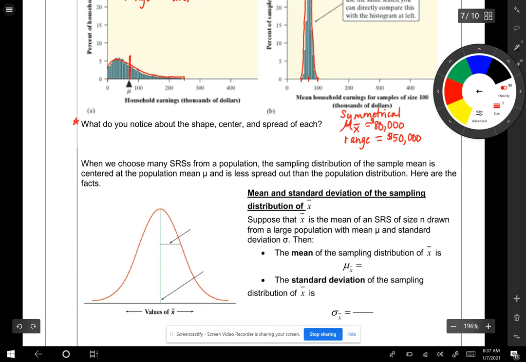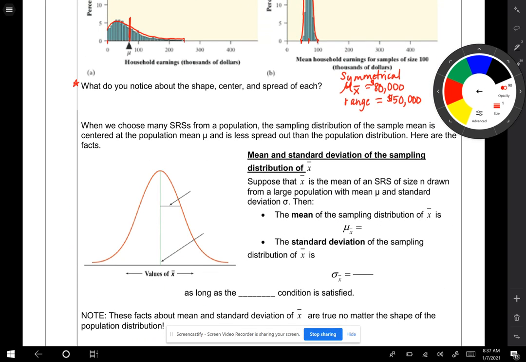And so what is this telling us? Well, when we choose many simple random samples from a population, the sampling distribution of the sample mean is centered at the population mean mu. So the mean of the sampling distribution is equal to the mean of the population. And it's less spread out than the population distribution.